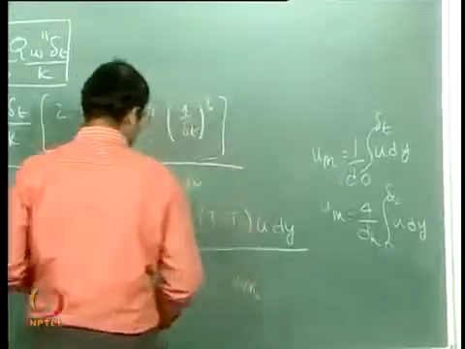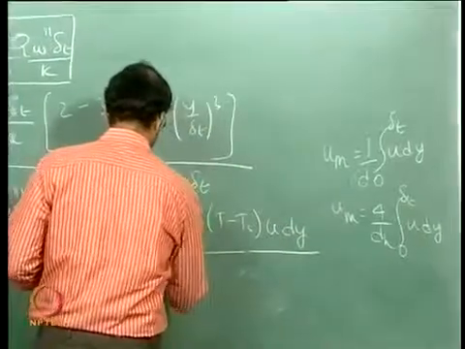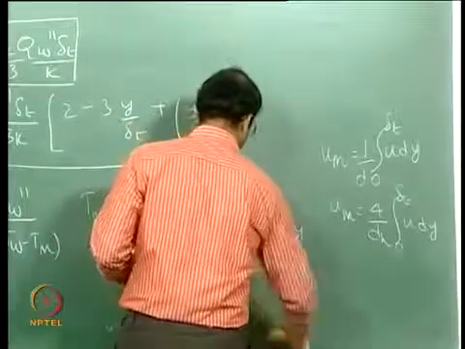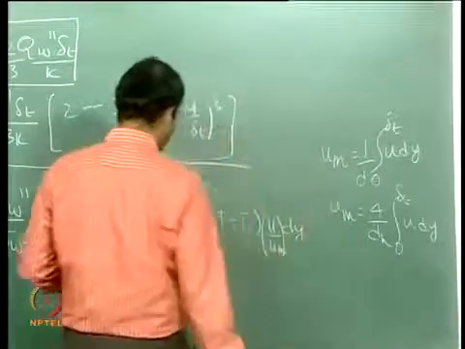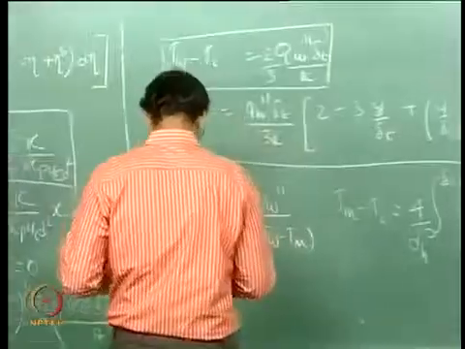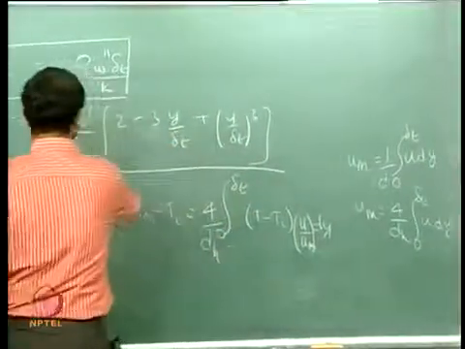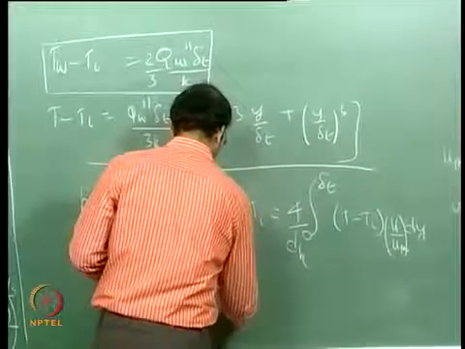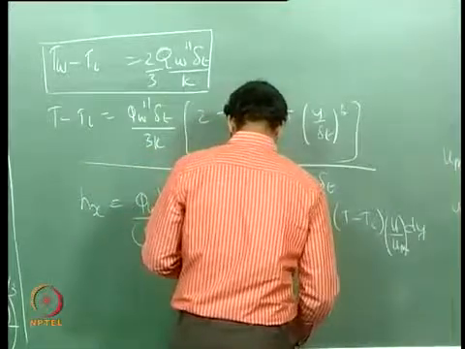Now you get an expression where you have 4 by dh and you have u by um here. So u by um I already have an expression, and I also have an expression for T minus Ti, which is this, so I can substitute both of them into this expression and get an expression for Tm minus Ti.